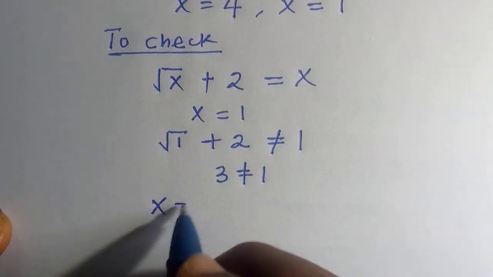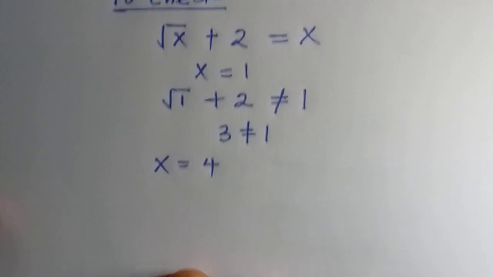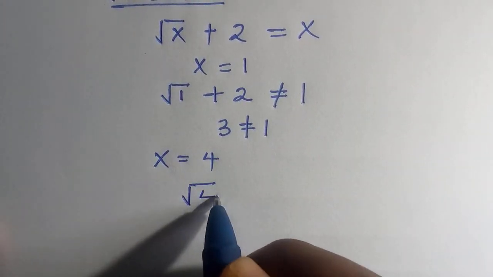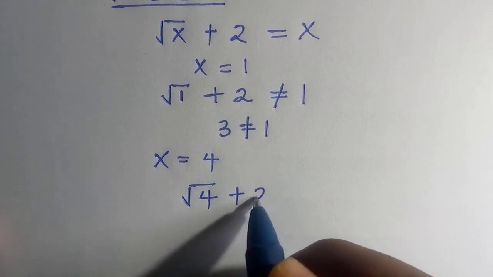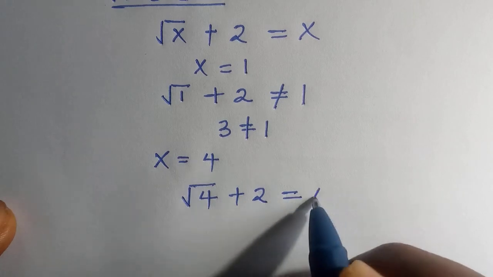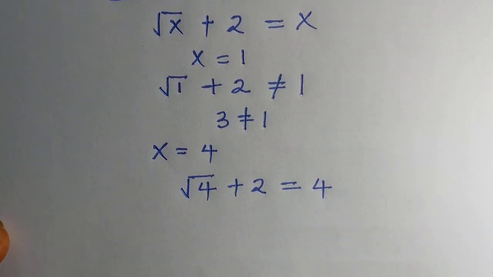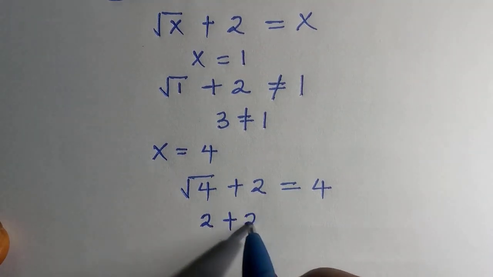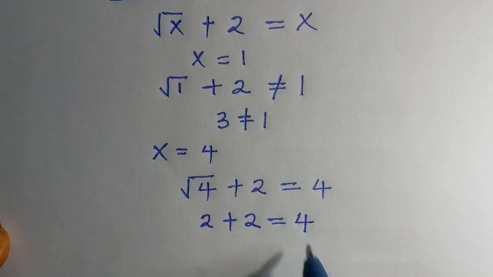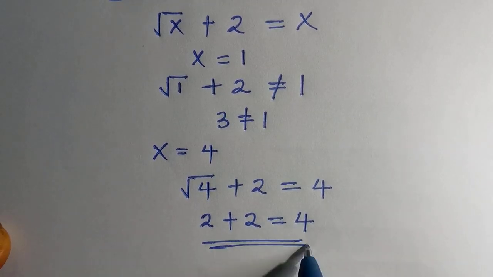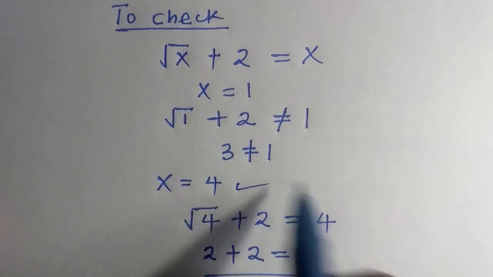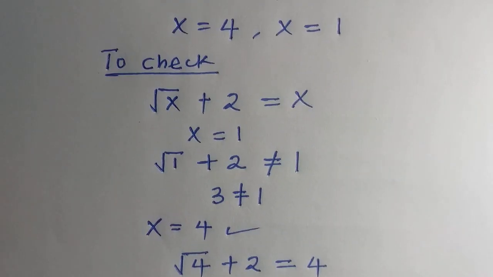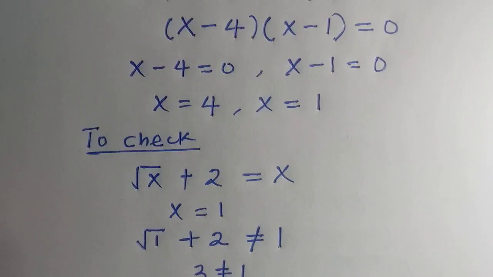At x equals 4, by checking this as well, we have square root of 4 plus 2. We know this equals 4. Why? Here is root 4, which gives 2, plus 2 equals 4. It means that x equals 4 satisfies this problem. And here is one method of solving this.